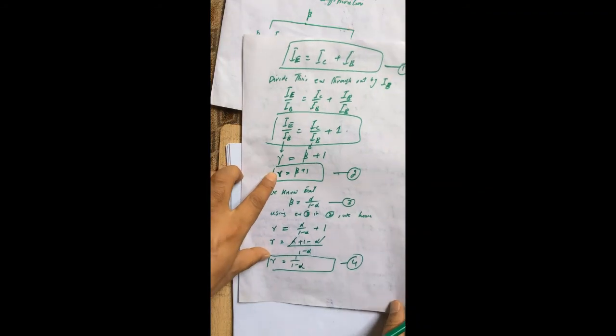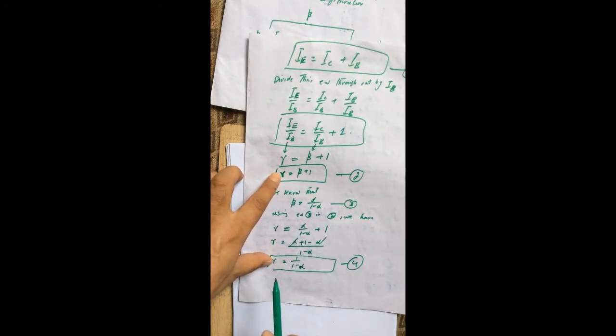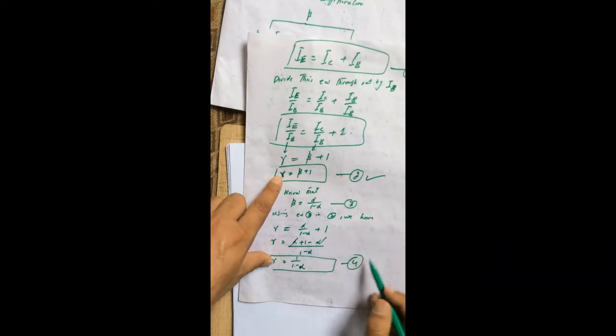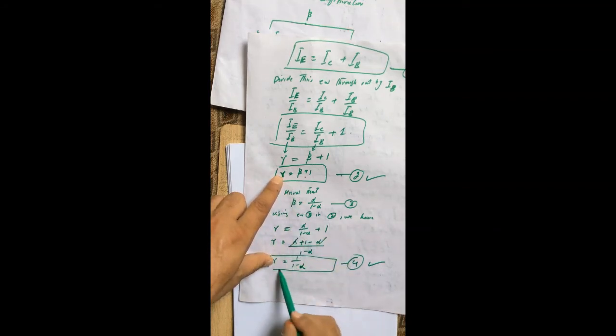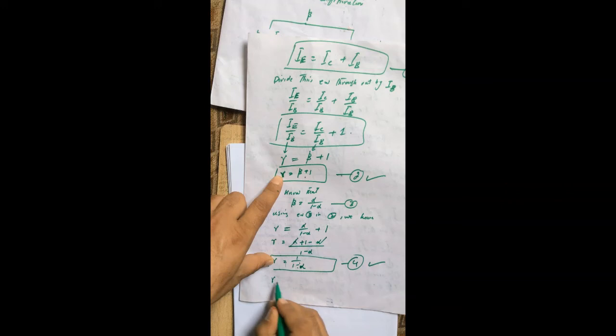Now if I look at equation number 2 and equation number 4, gamma is equal to beta plus 1, and also gamma is equal to 1 over 1 minus alpha. So it means that beta plus 1 is also equal to 1 over 1 minus alpha.